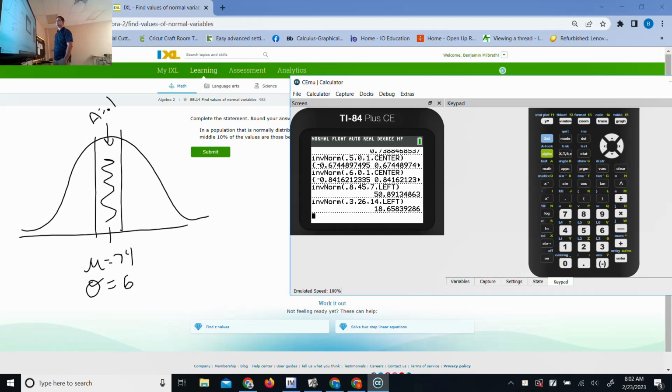Where was I? Middle 10%. Second, vars, inverse norm. Area here being 0.1. The mean being 74. The standard deviation being 6. She is a center tail. So 73.246 is the left.